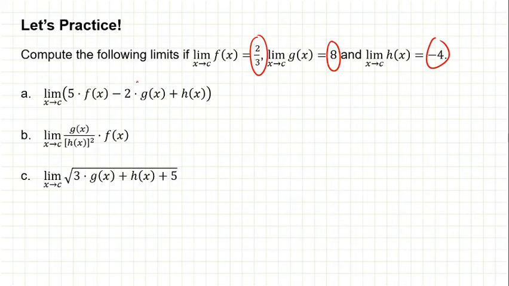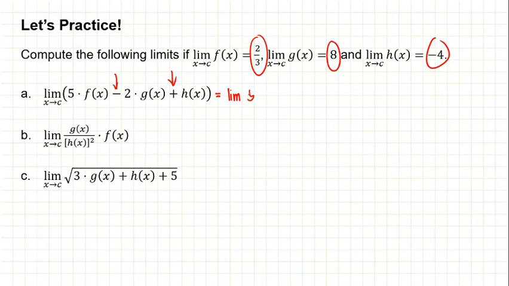So here, since the three terms are separated by minus and plus sign, we can apply the sum or difference theorem. So according to the theorem, we can just distribute the limit, right? So what will happen here ay magiging ganito na siya.